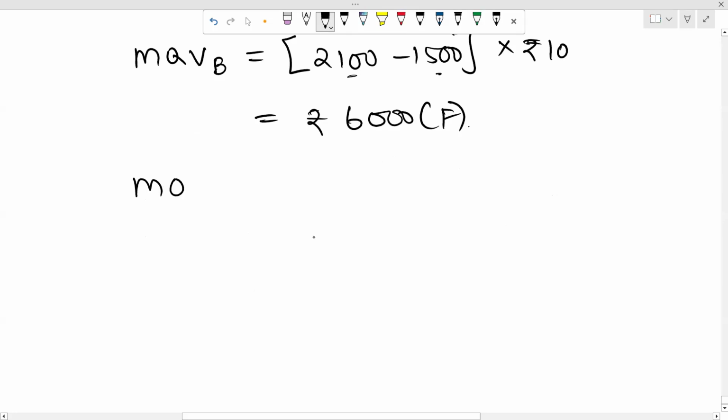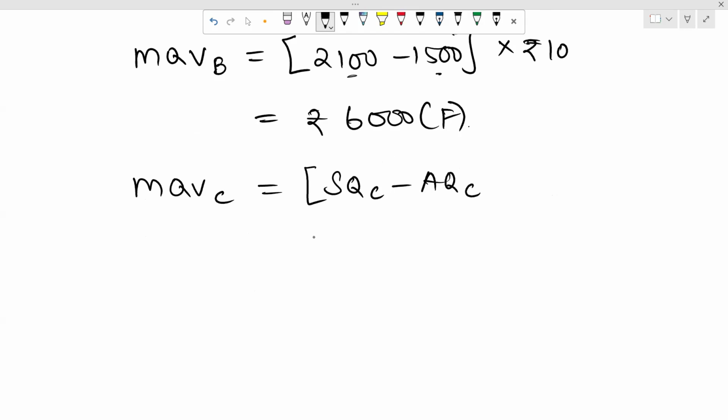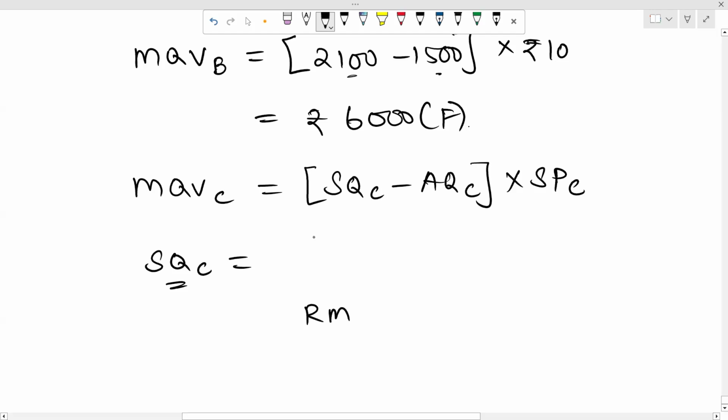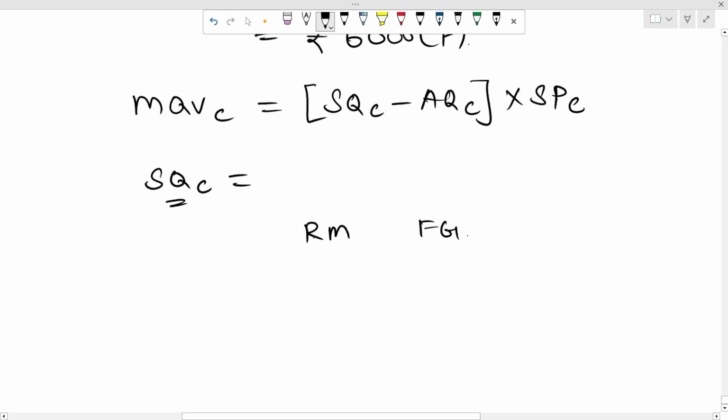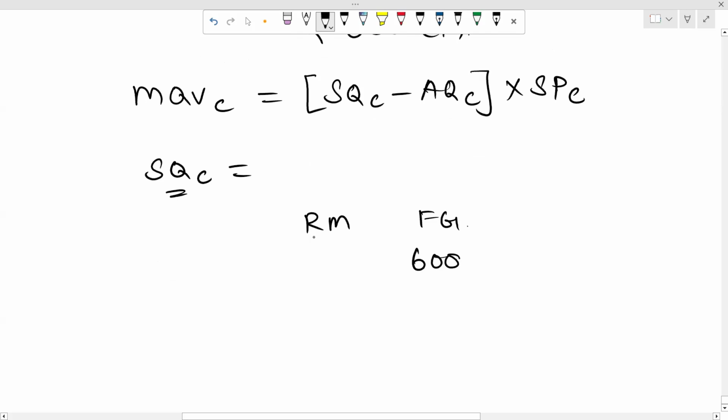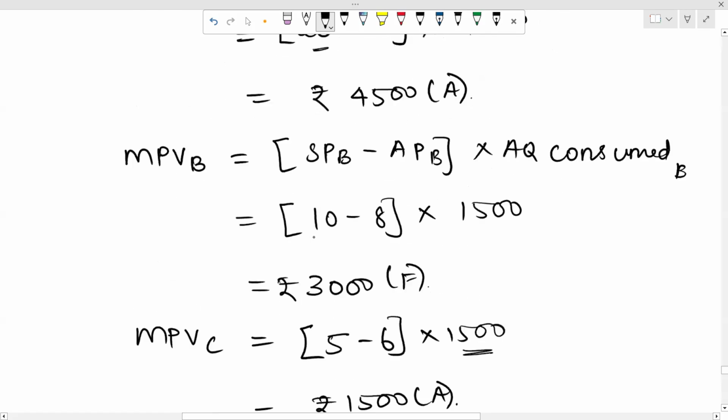Then material quantity variance for raw material C. The formula is standard quantity of C minus actual quantity of C into standard price of raw material C. Again, similar procedure, standard quantity of raw material C. In order to produce 6,000 kg of finished goods, we are expecting to use how many kg of raw material C?